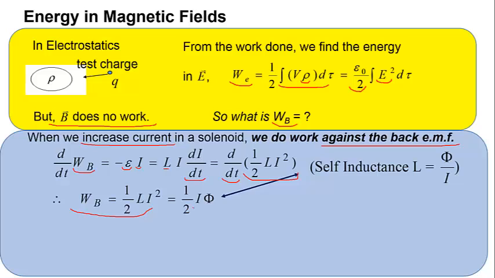Well, let's continue and introduce flux. Now to do that, we just go to the definition of self-inductance here, which is the flux generated by a current I through this device.